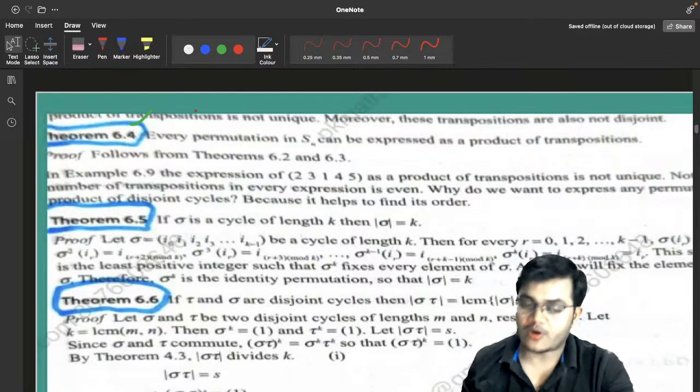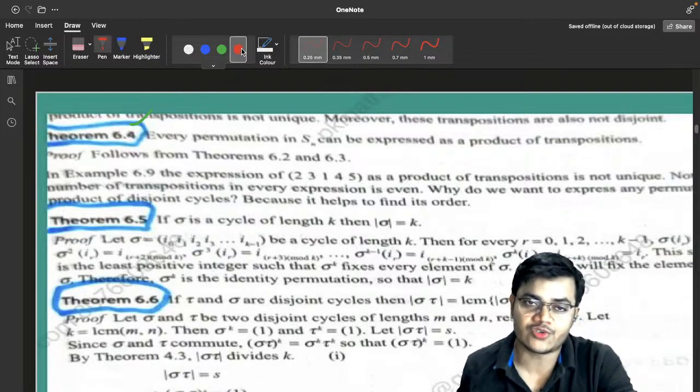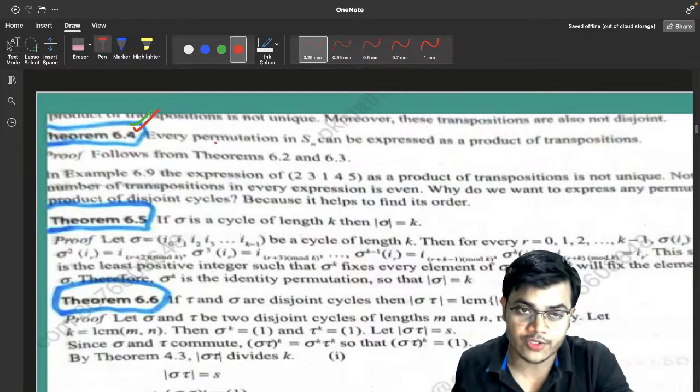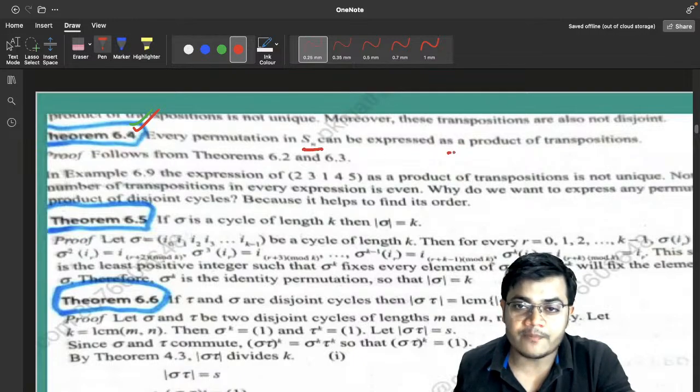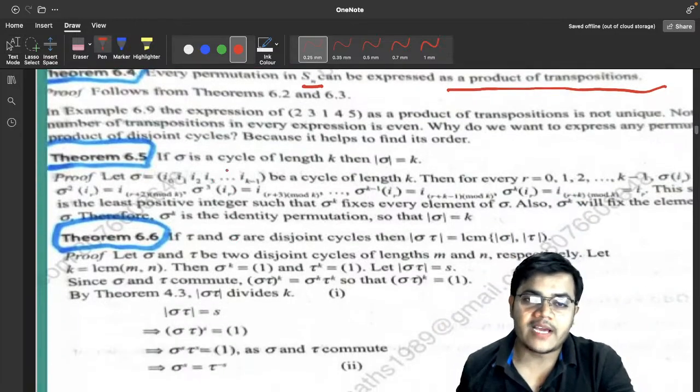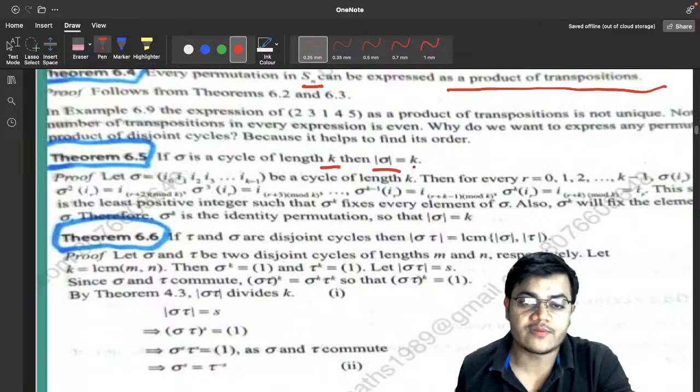I have a lot of questions and many interesting things to learn, but we cannot skip these important theorems because this is a detailed course on YouTube. So every permutation in Sn can be expressed as a product of transpositions. Proof is over here. If sigma is a cycle of length k, then the order of sigma is equal to k.